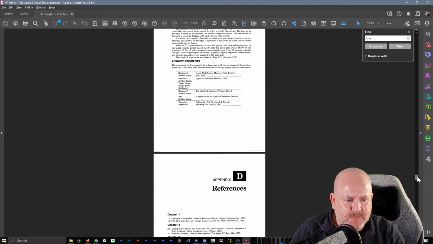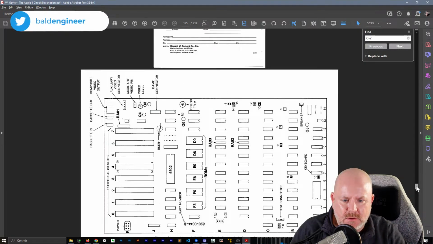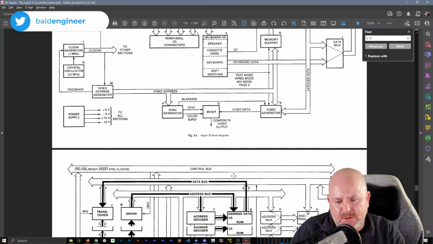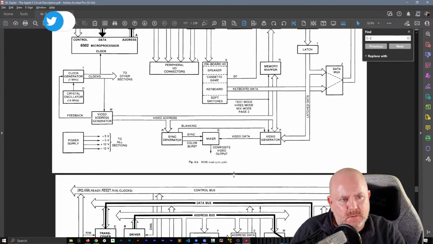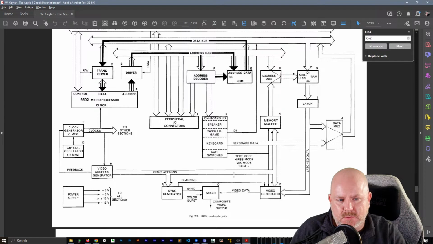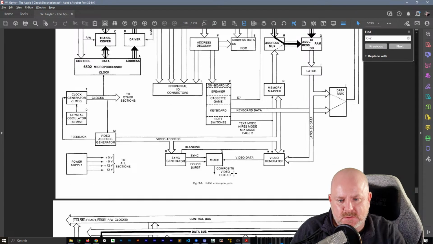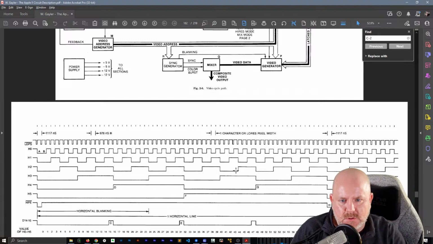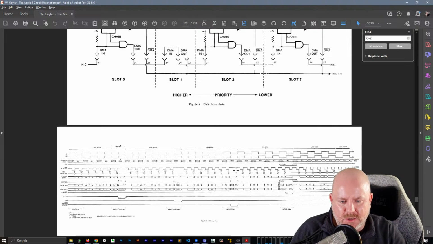So that's what I was hoping we would find. Yeah, wait a minute. Where are the schematics at? What if it's figure... So it's not this. That's figure 2224. These are all numbered.